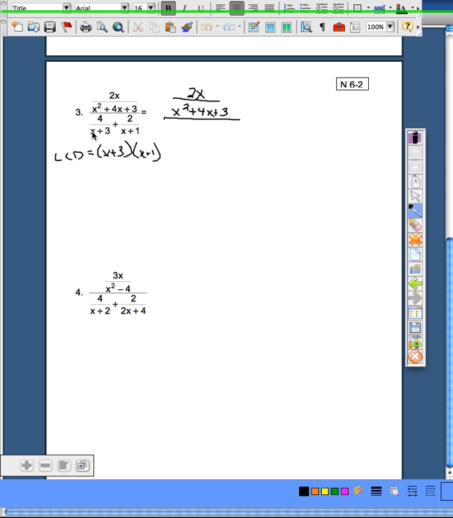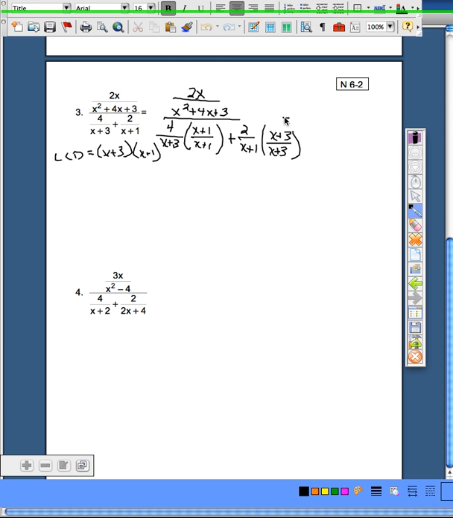So what that means is I have to multiply this first one by x plus 1. So we have 4 times x plus 3 times x plus 1 times x plus 1 plus the second fraction in the denominator has to be multiplied by x plus 3 because that's the part that's not there.